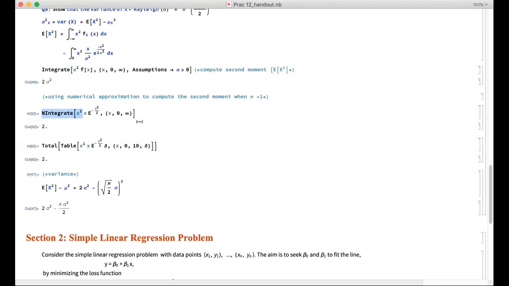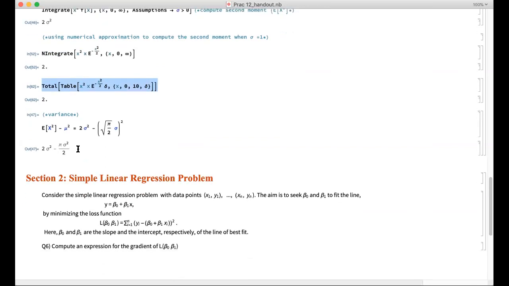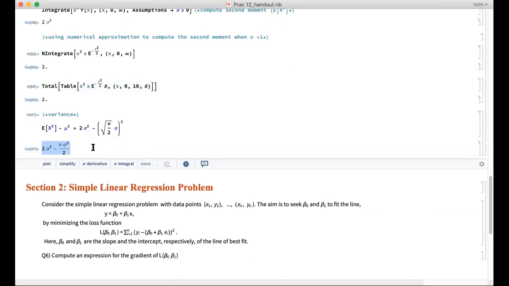I am explaining all this because you could check your work when you do your assignment. The same thing, you could use Riemann sums to get the approximation.